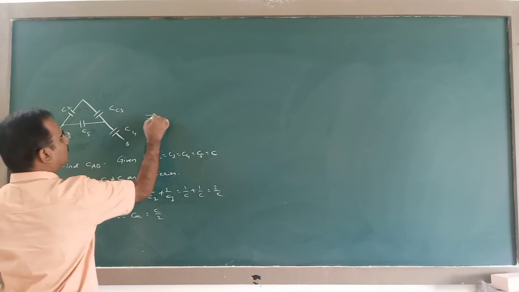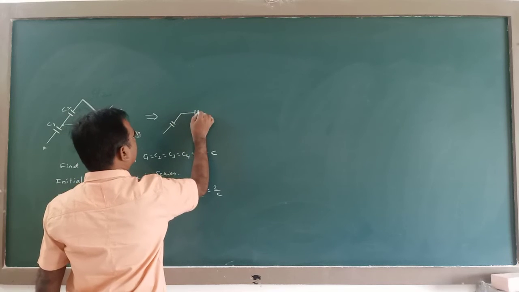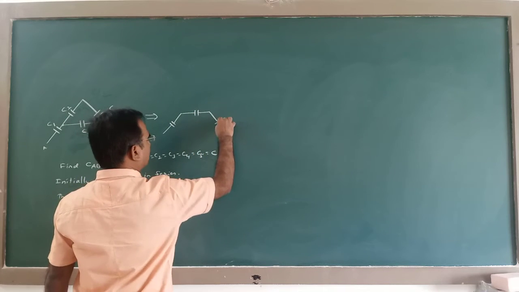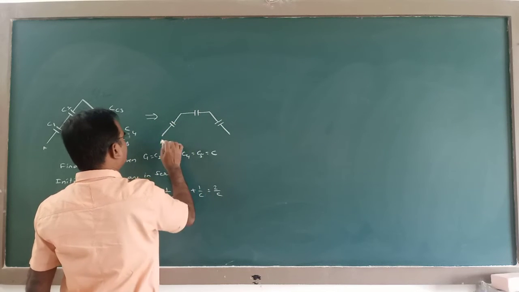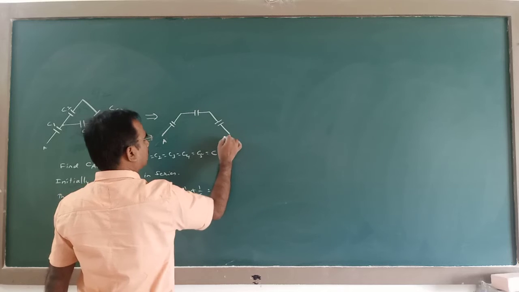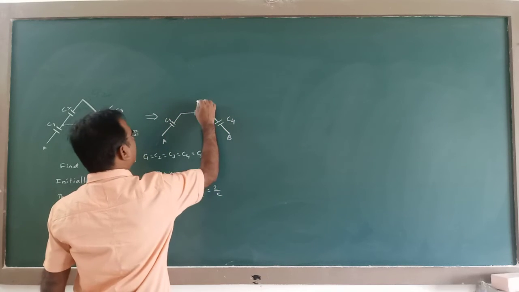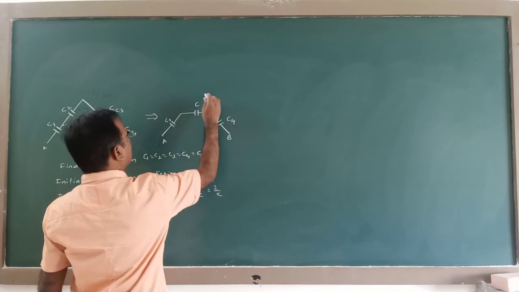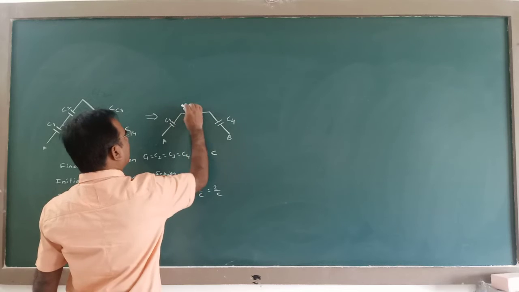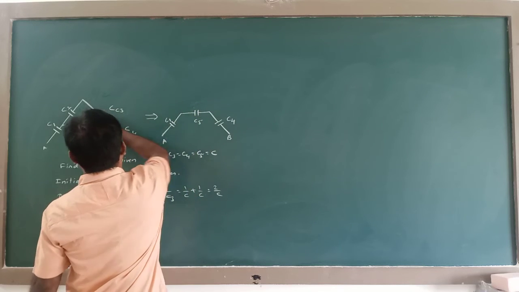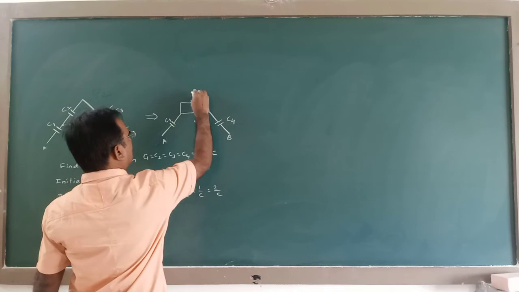That means the circuit can be reduced like this. So this is C1, this is C4, this is C5, and here the effective capacitance of these two, it is CA.